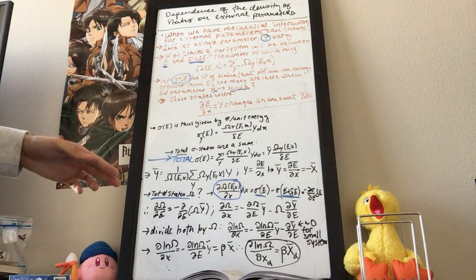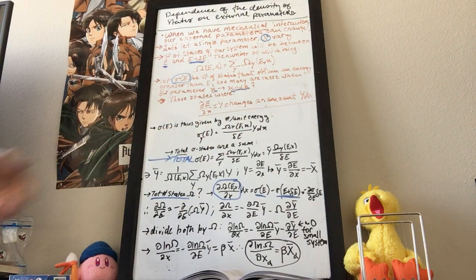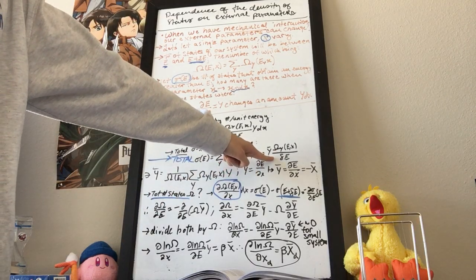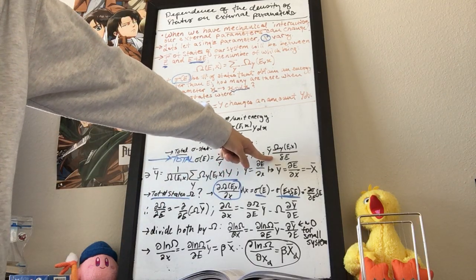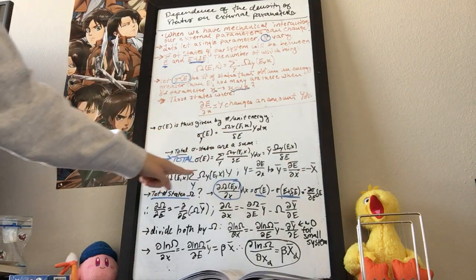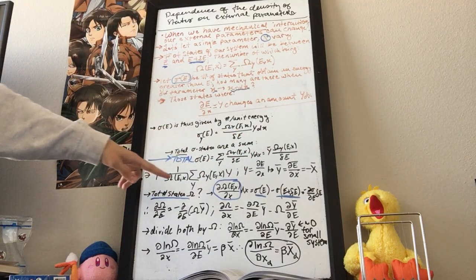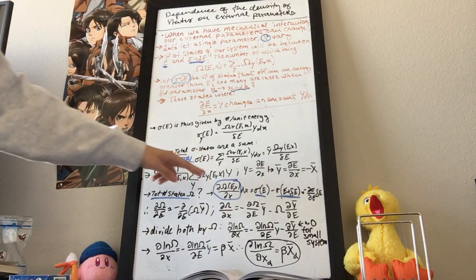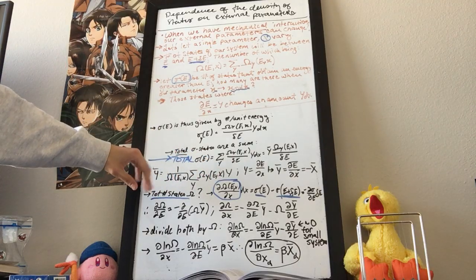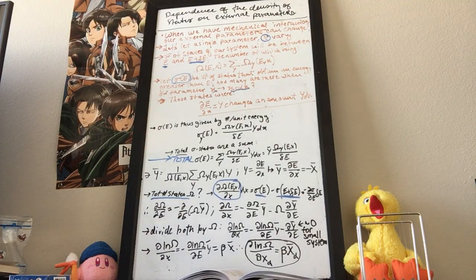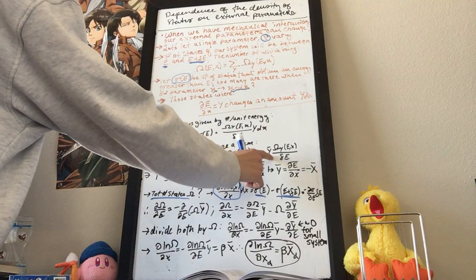Now, Reif makes quick use of the fact that we can express y bar here, or an average of our parameter y, or expectation value of our parameter y, with this formula here, which is just your standard expectation value formula. You have some probability of that function divided by the number of total states with that function, and so on and so forth. And he just substitutes that into here.